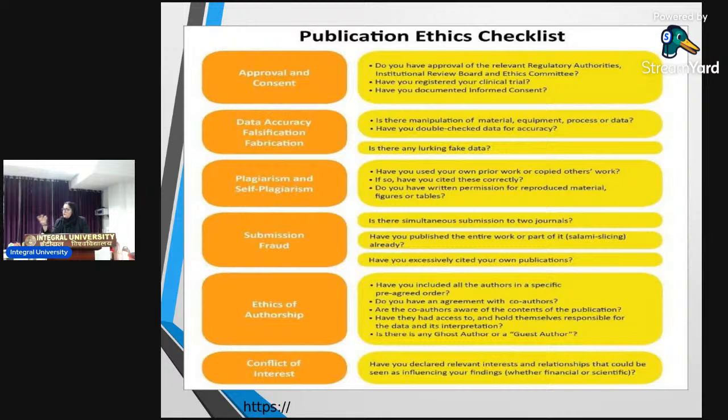So avoid that. You may not be saving a lot of time. You may be saving 1 week or 2 weeks, right? But you're losing your reputation, so don't do that. Wait for 2 weeks, wait for the rejection, send it to another journal, right? So simultaneous submission should be avoided at any cost.